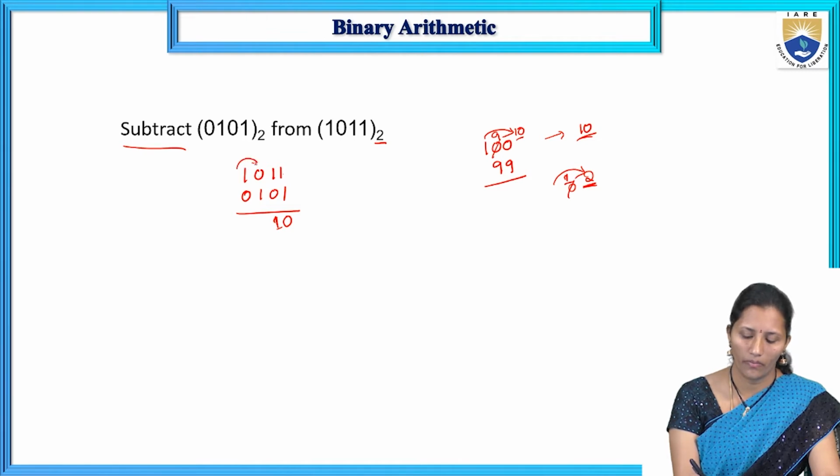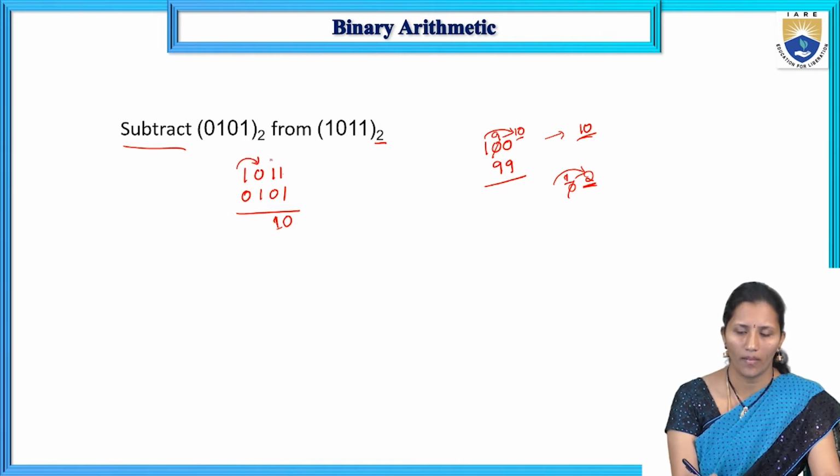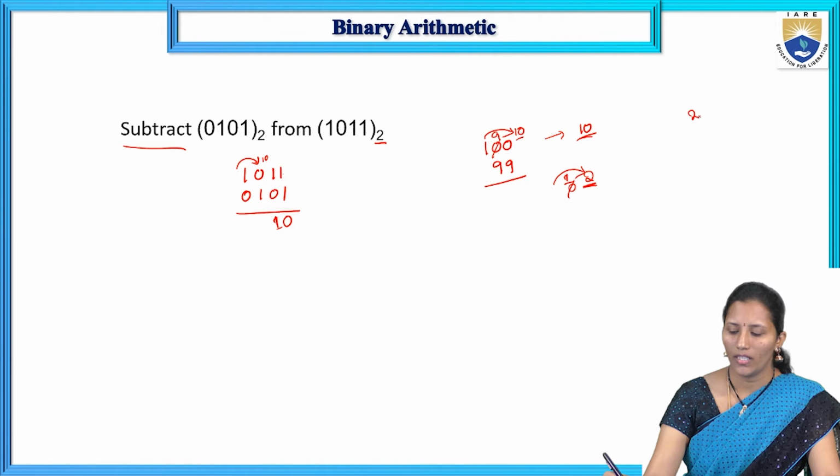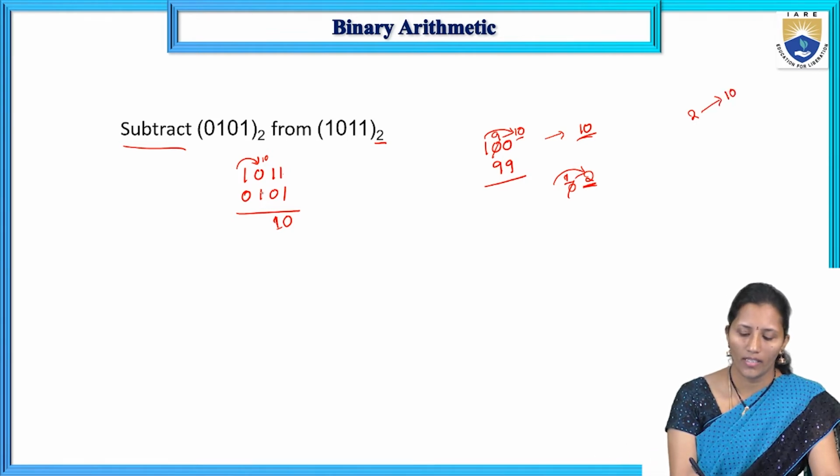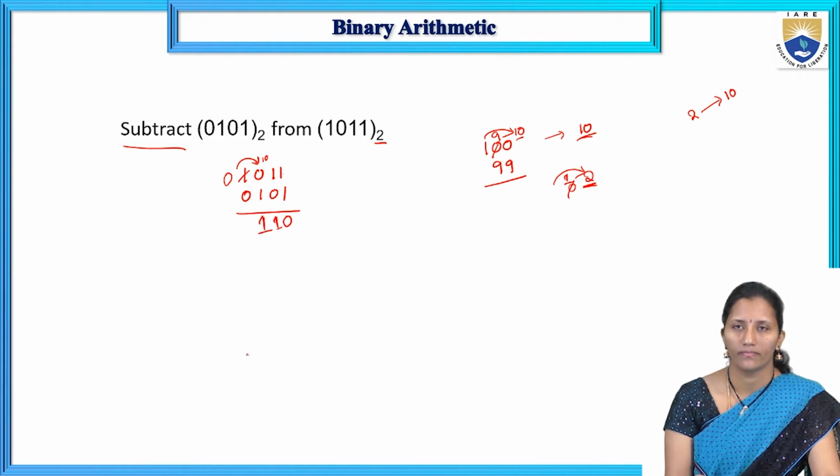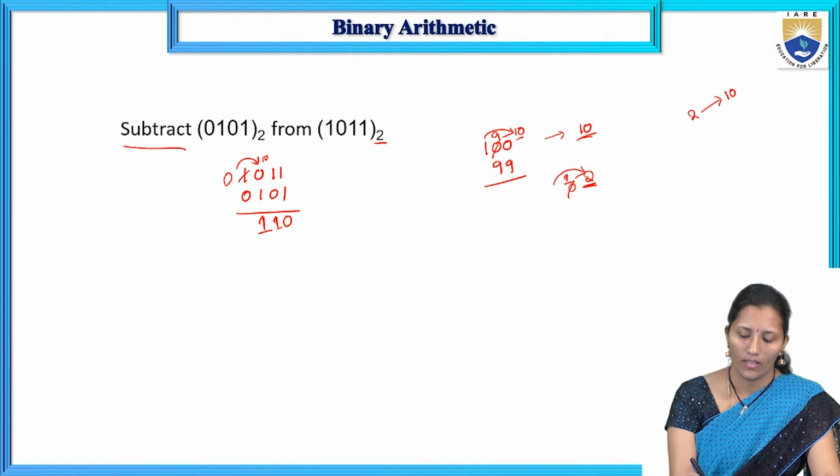If we take a borrow in the binary number system, here we will get 2, which is 1, 0. 2 is represented in the binary number system as 1, 0. Whenever we get the borrow here, you have to make it 0. So 2 minus 1 is 1. This 1, 0 is nothing but 2.